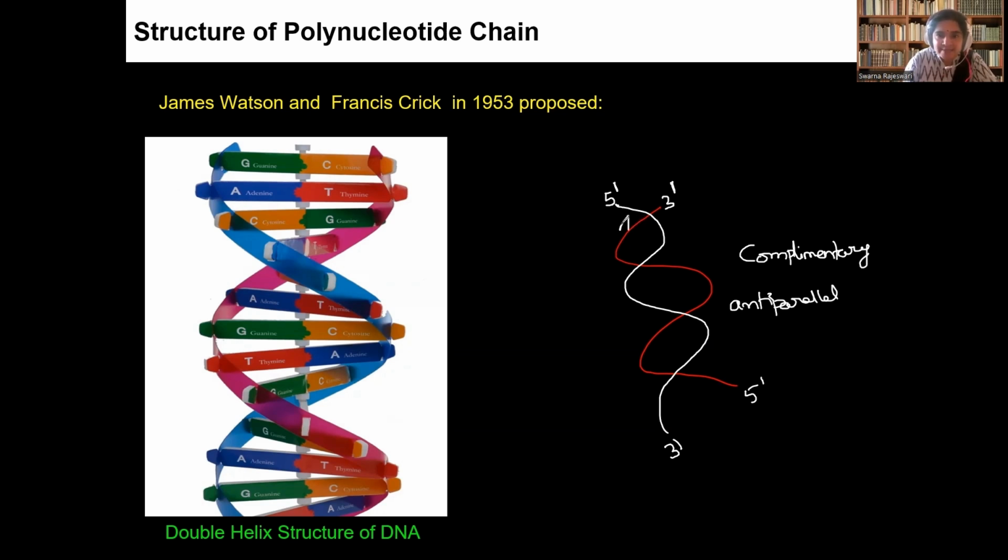If adenine is present in one strand, there will be thymine in the other strand. If cytosine is present, there will be guanine. That is, in the place of adenine, the complementary strand contains thymine, whereas if cytosine is present, the other strand contains guanine.